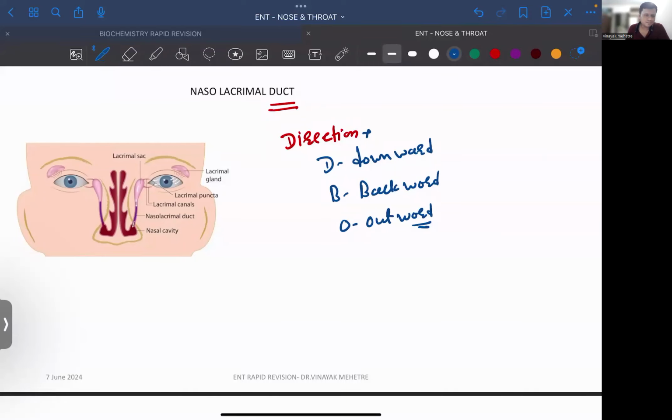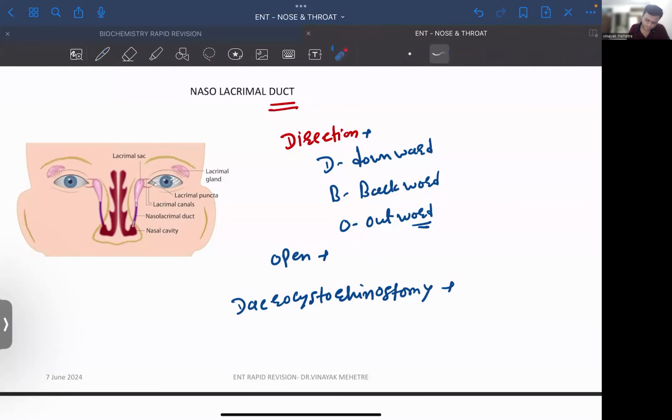Where does the nasolacrimal duct open? In which meatus? And where do we do dacryocystorhinostomy? Both are different. There are two ways of learning.